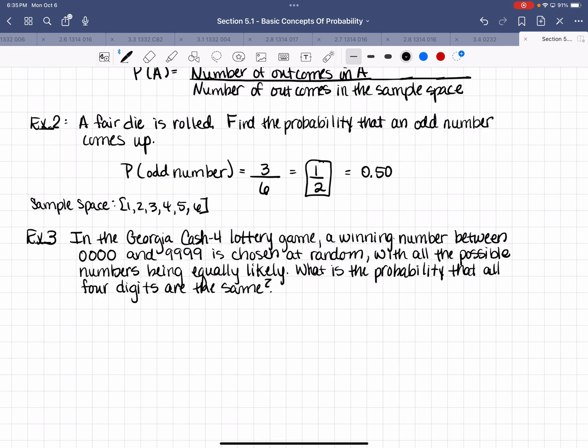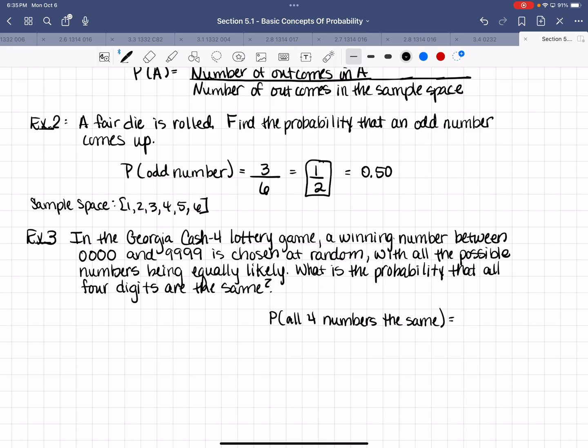And we want the probability that all 4 numbers are the same. Okay? Well, let's give an example of all 4 numbers being the same. We can find them, okay? Tell me one of the numbers that we get if all 4 numbers are the same.